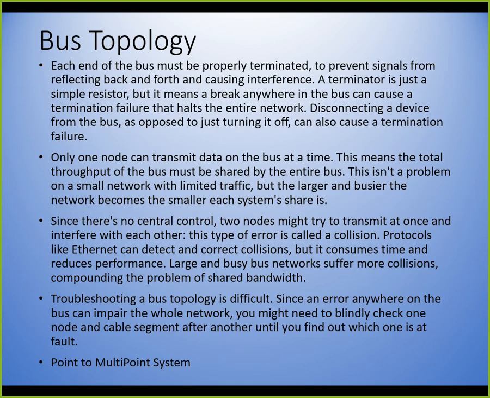Bus topology, some characteristics here. Each end must be properly terminated. I put that in because somebody asked the question, why do we have to do that? And what is this terminator business? If we have this bus here with our T connectors, and I'm not going to draw very many of them, at the end we have a 50 ohm resistor. What that's for is that when the signal gets to the end, it doesn't get reflected back into the media.